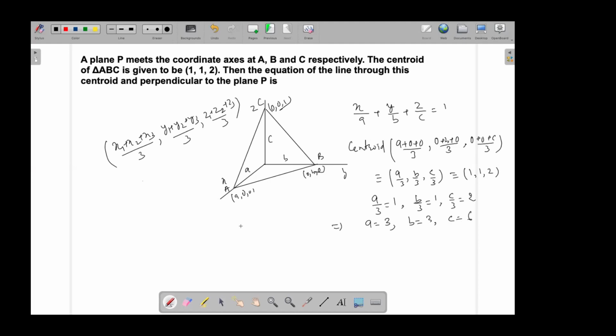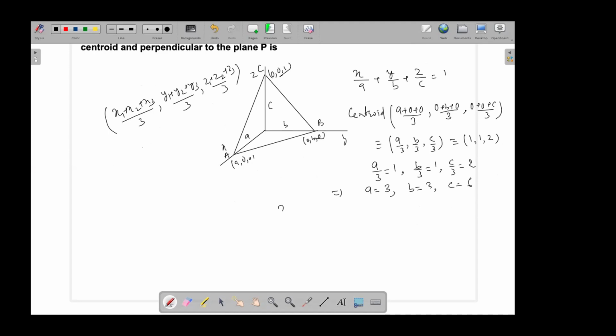If I substitute these values in my equation of the plane, I will get x by 3 plus y by 3 plus z by 6 equals 1. Taking the LCM of 6, this becomes 2x plus 2y plus z equals 6.